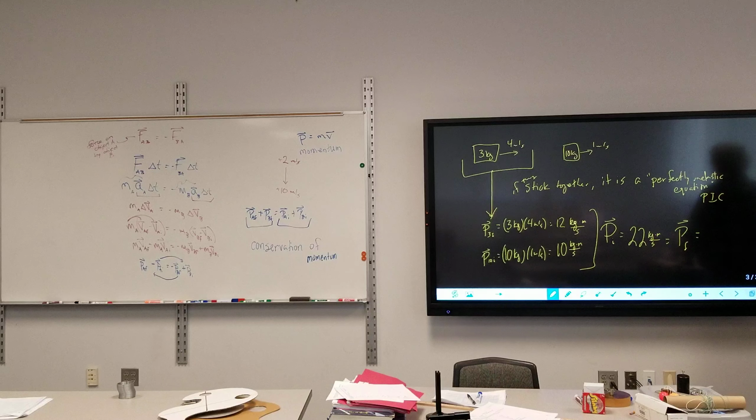Now I'm trying to figure out the velocity afterwards. They stick together, so it's now one object. That momentum final has to equal the final mass times the velocity. What is the final mass? Add them. So that's going to be equal to 13 kilograms times whatever the final velocity is.